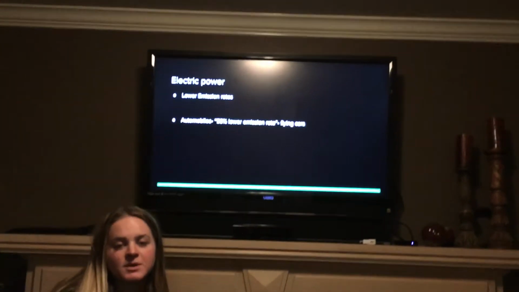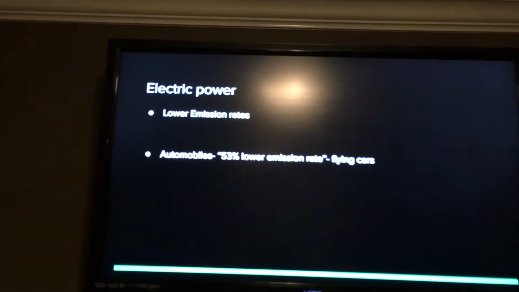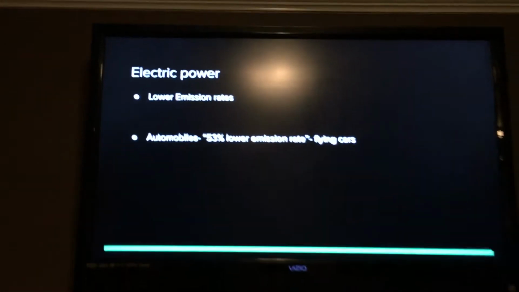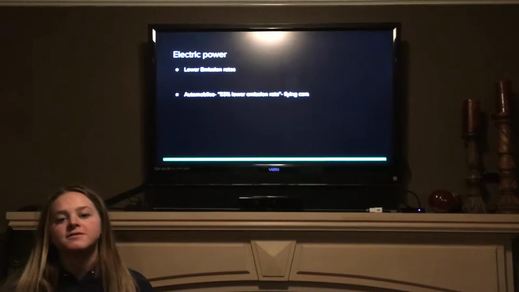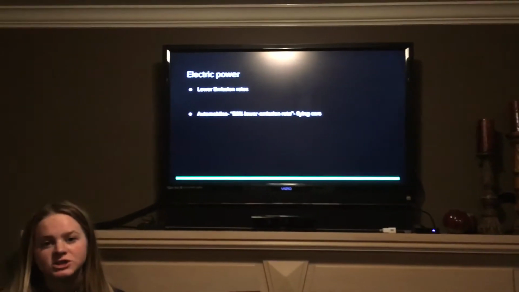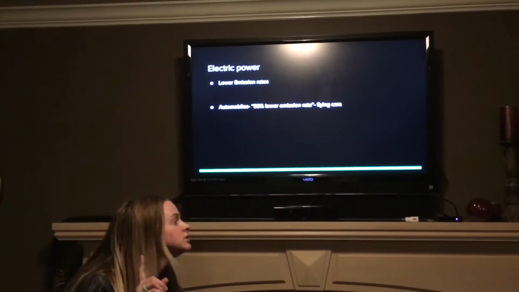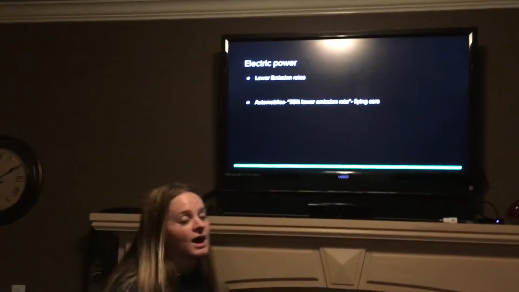Electric technology has been recently developed into being able to power cars such as the Prius and the Nissan Leaf. By using that technology, I feel that it would be beneficial for the flying car. By using that technology on the flying car, we could overall reduce emission rates by 53%, which I think is a very, very good idea.